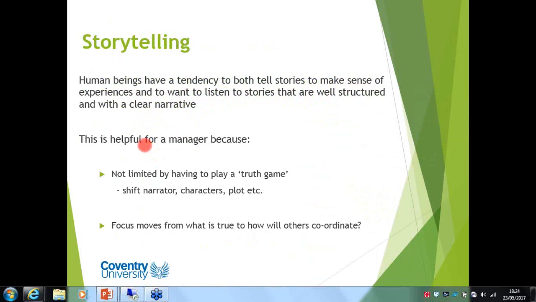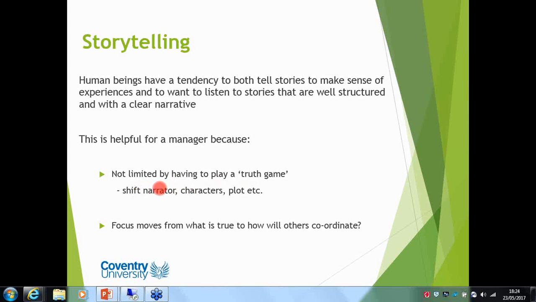And actually, one of the things I've learned as a manager is that it's much more effective to try and move past that and think about how we can make sense of what's happening here without judging who is playing the truth game, because people like to present themselves to best effect or to create an effect with the person that they're talking to.